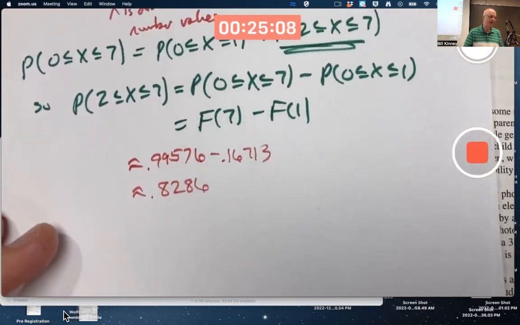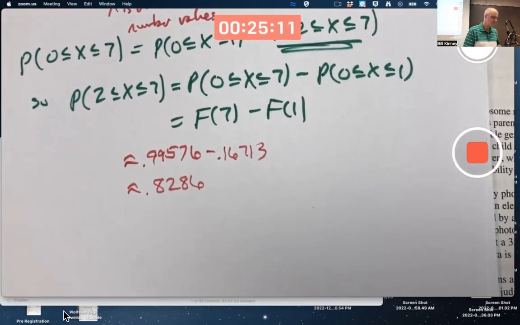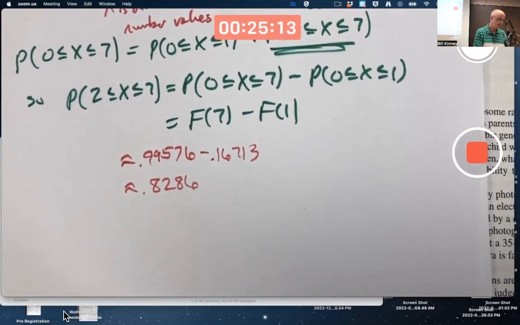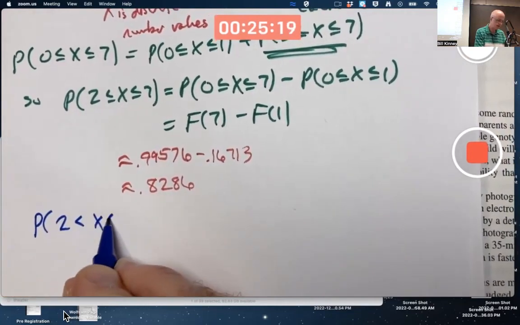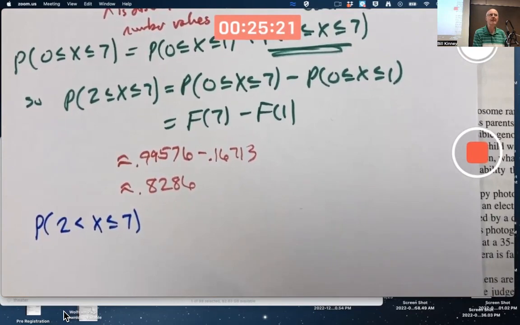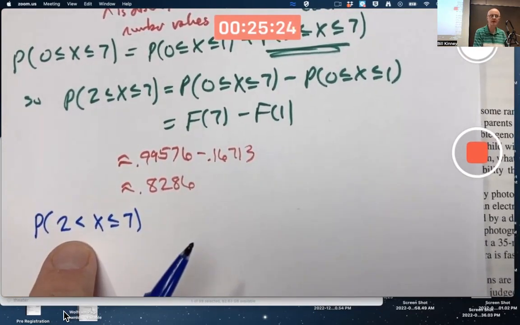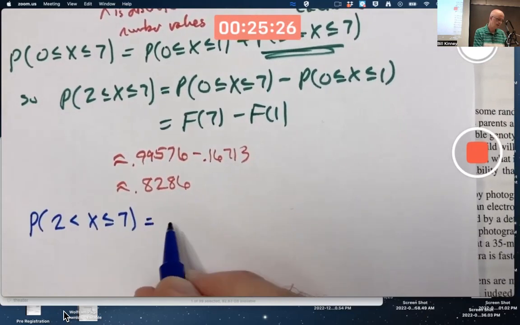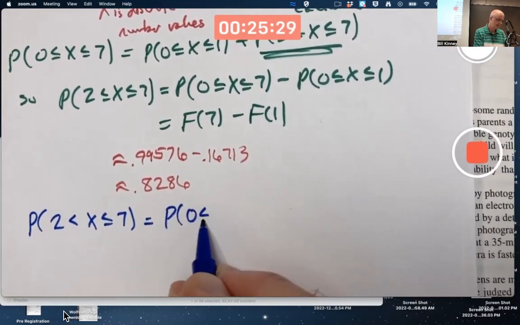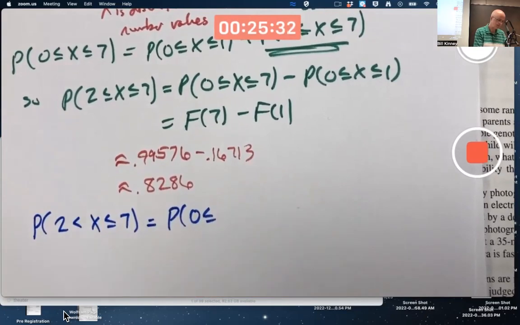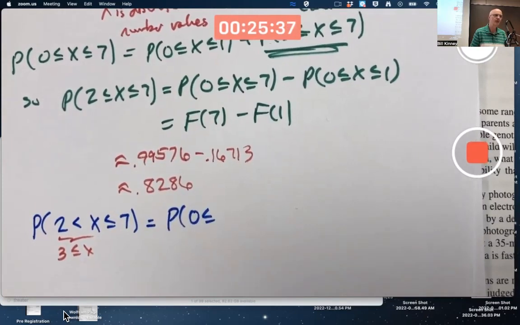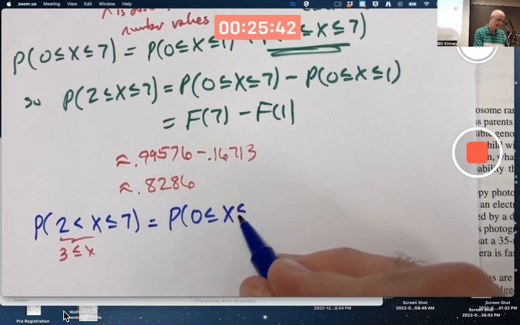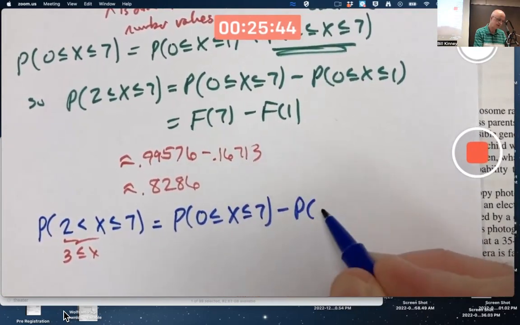If I change this problem, I guess I'm not going to do the exact one that's in the book. If I change the first inequality to being a strict less than instead of a less than or equal to, this is equivalent in this situation to 3 being less than or equal to X. And I could think of it ultimately as this difference.